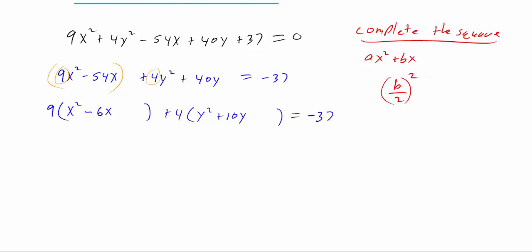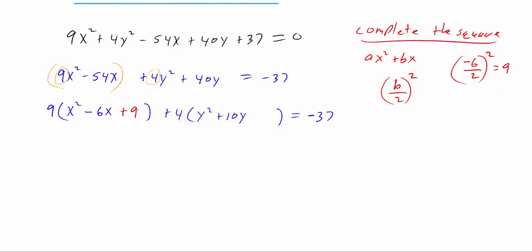So for us, that means we're going to take half of a negative 6, and square it. Half of a negative 6 would be a negative 3, and a negative 3 squared would be equal to a positive 9. So that means we're going to add 9 here to make that a perfect square.